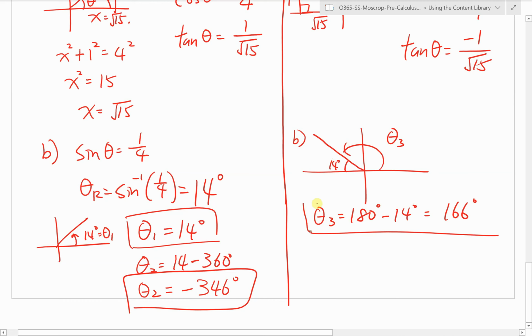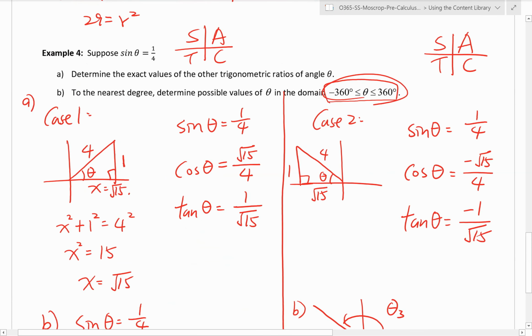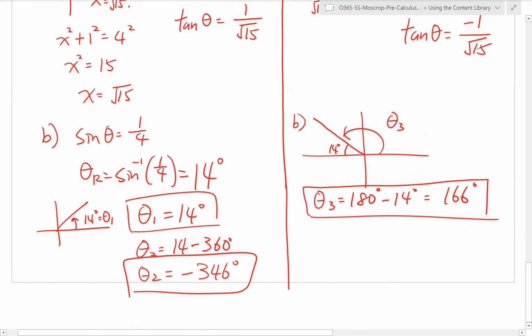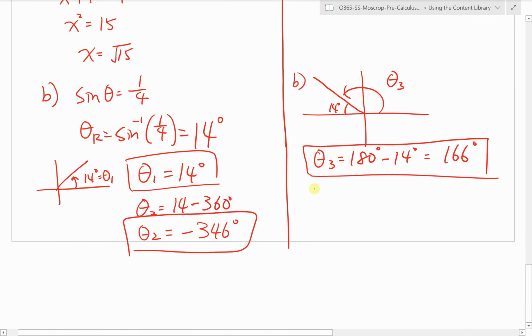And again, if I add another 360 to find my coterminal angle, it's going to take us outside of this range, because it's already positive, so adding another 360 is definitely more than 360. So again, instead of adding 360, I'm going to subtract 360. This, I believe, is negative 194 degrees.